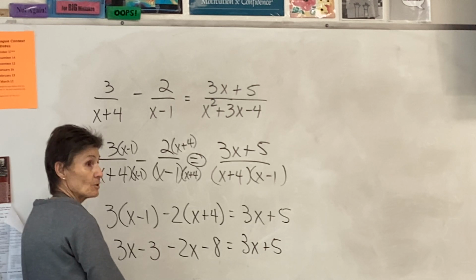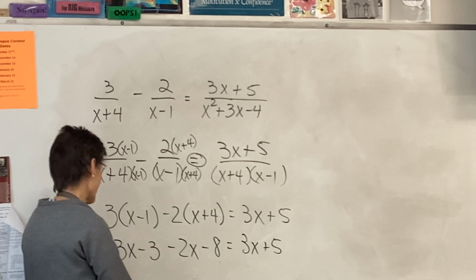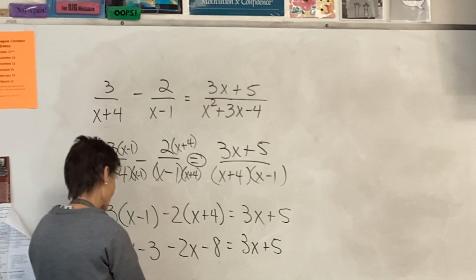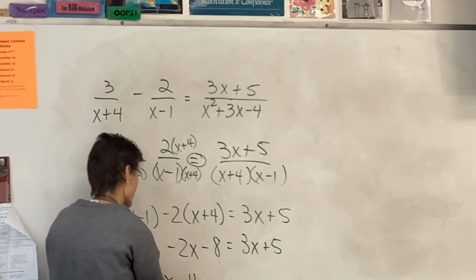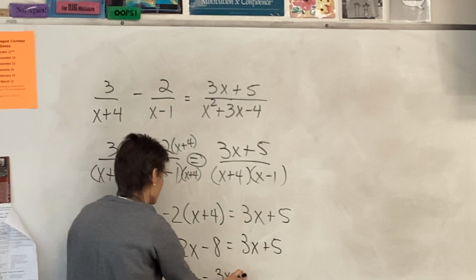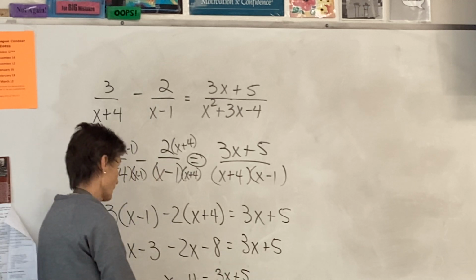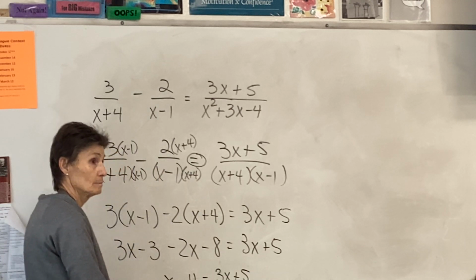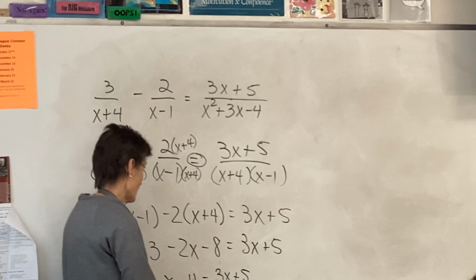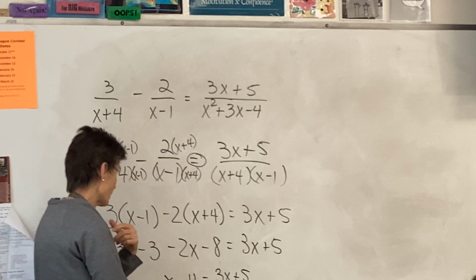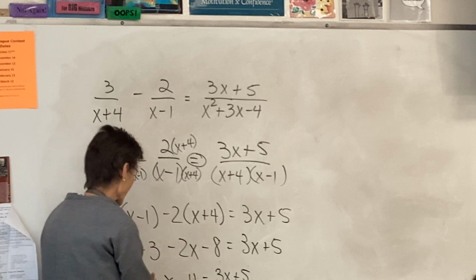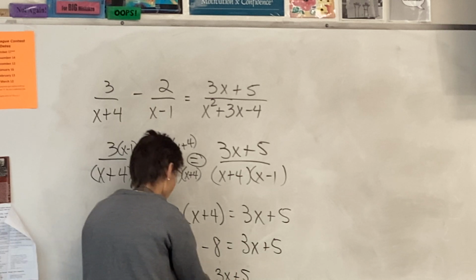So collecting like terms now? Yeah, looks like, what do we have over here? x minus 11, x minus 11, equals 3x plus 5. Okay? And you gotta get that x minus. So, doesn't really matter which way I go, I can subtract x from both sides.